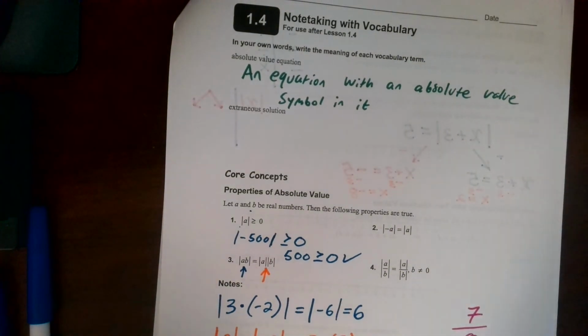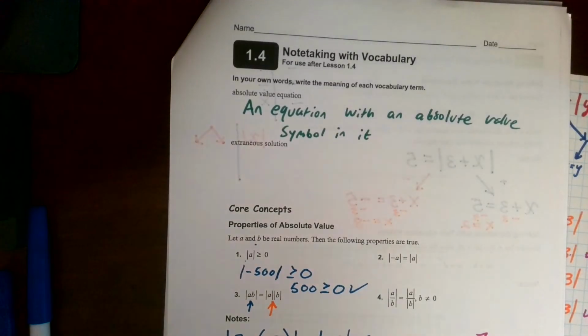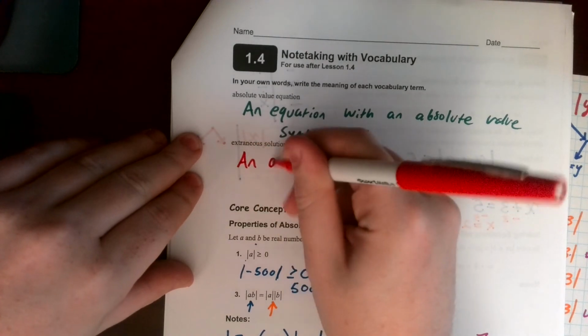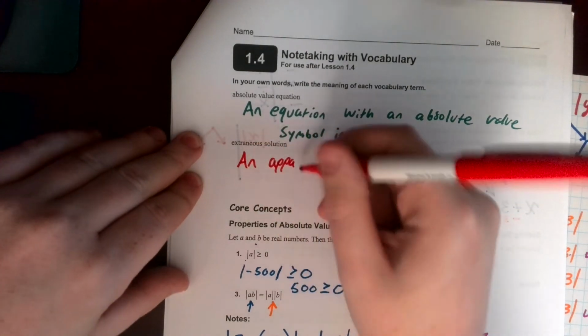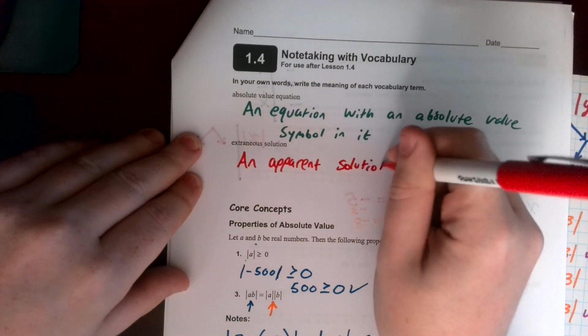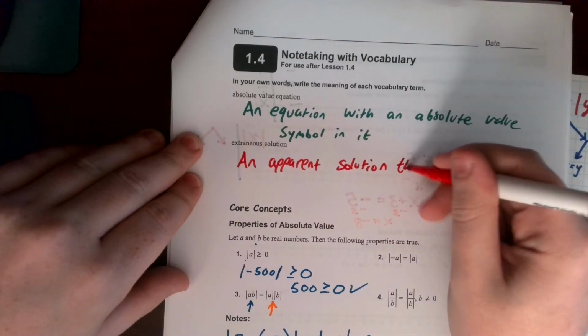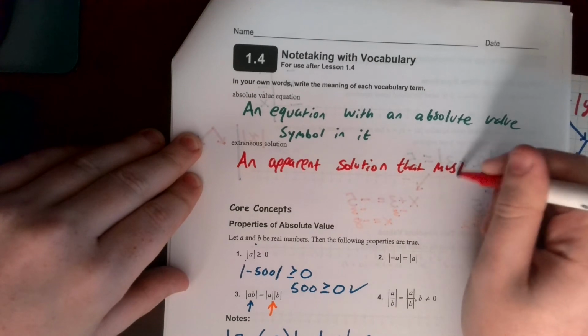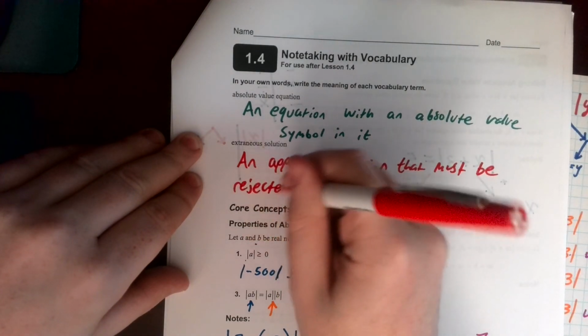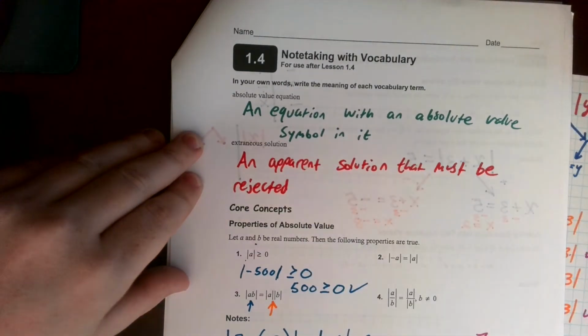Let's first talk about the definition of an extraneous solution. I already have the notes out. An extraneous solution is an apparent, keyword apparent, solution that must be rejected. Why does it have to be rejected?